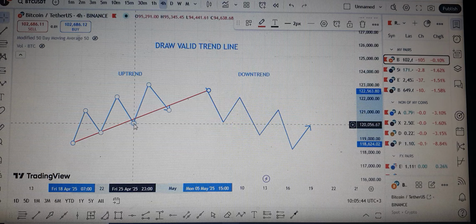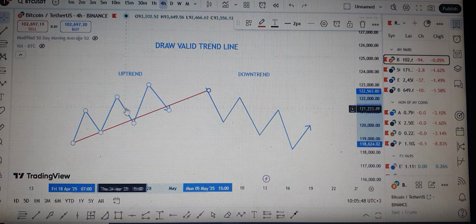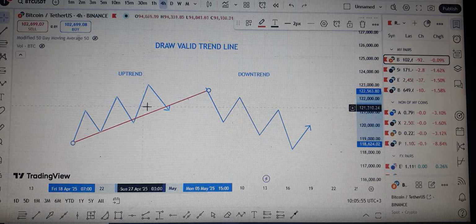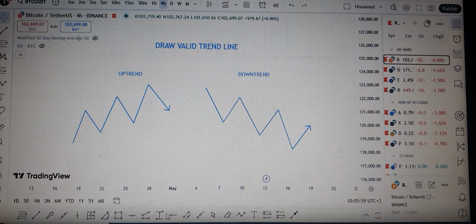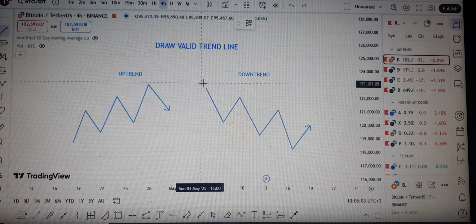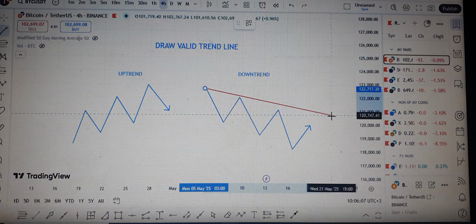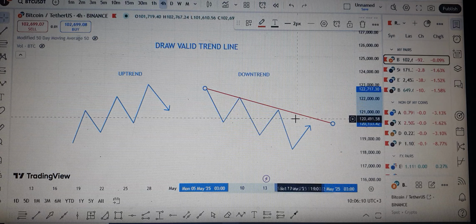Then we wait for this one also to come and retest here on the trend line, and it keeps valid, so as to confirm that you can use this one as a trading line. Then this one also, we should touch two, then the third one comes to confirm.